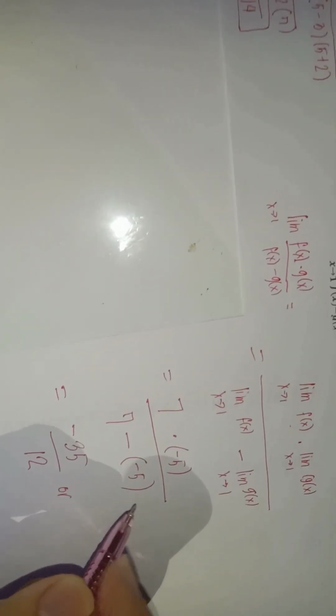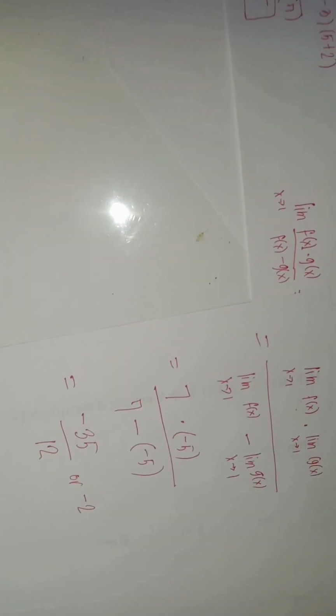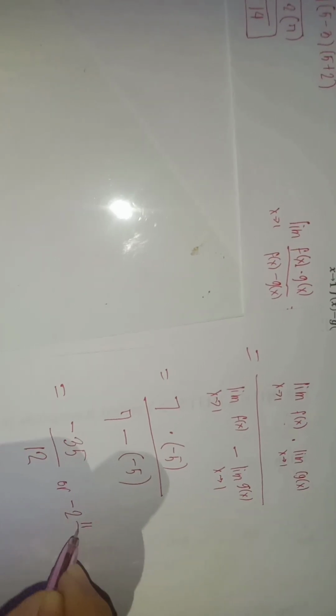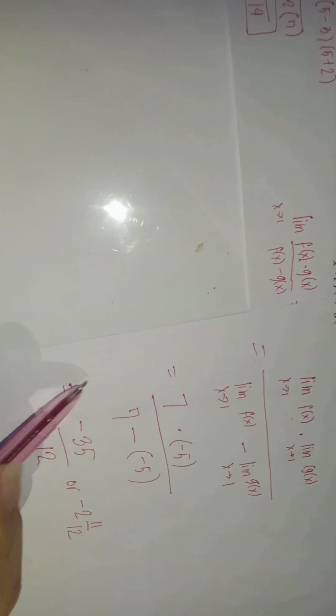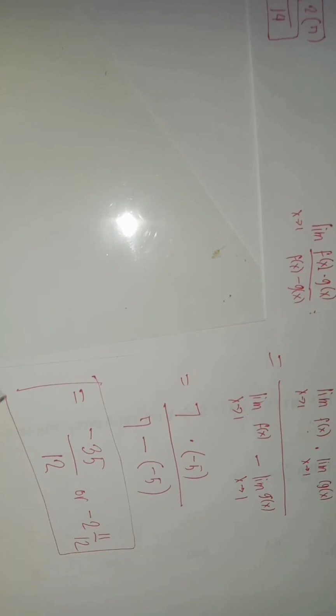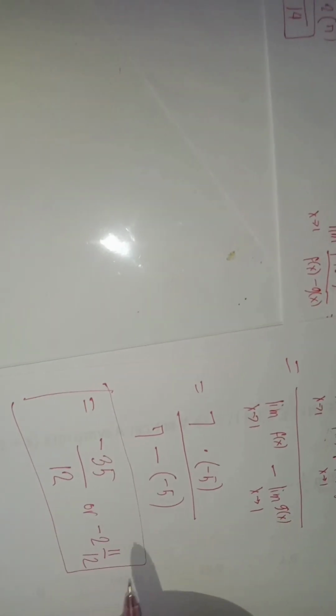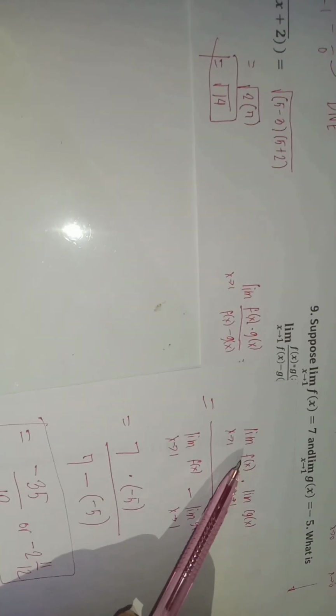Or, you can change this into a mixed number, which is negative 2 and 11 twelfths. So either negative 35 over 12 or negative 2 and 11 twelfths yung final answer for this item.